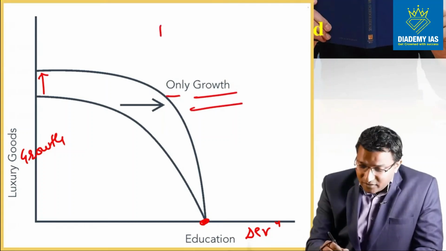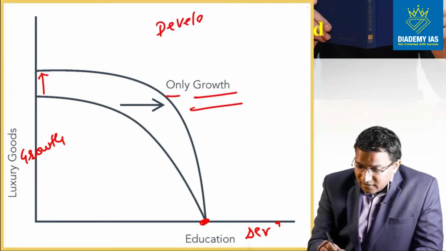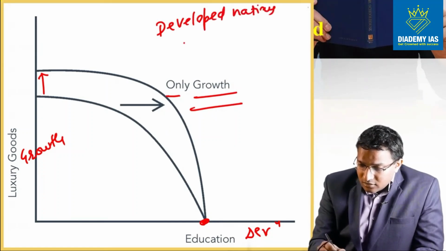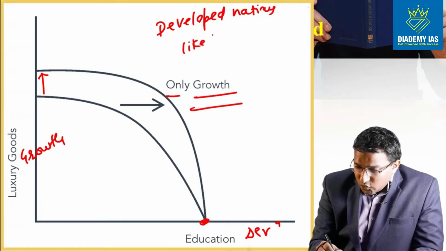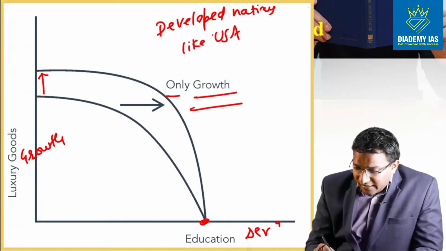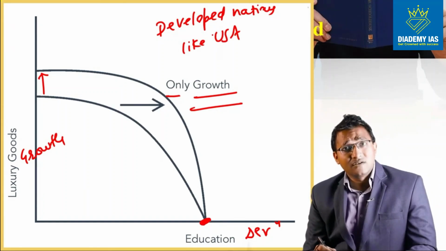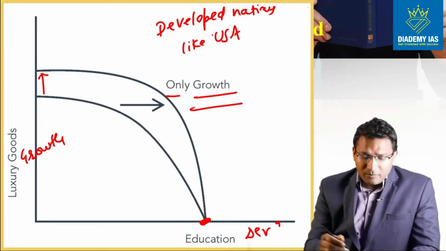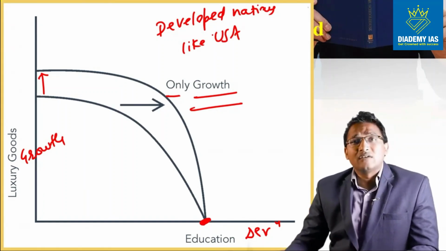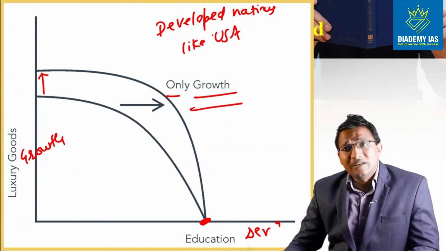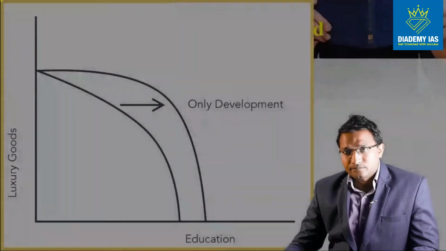This phenomenon happens in developed nations like the USA, because in the USA the education level has already saturated. They already have almost 100% literacy, but their luxury goods will keep increasing. That is why they will require only growth.